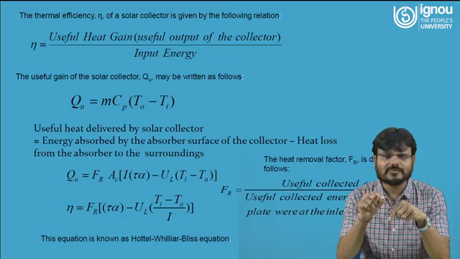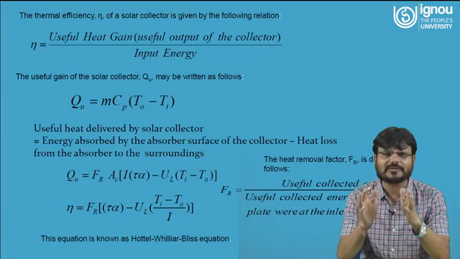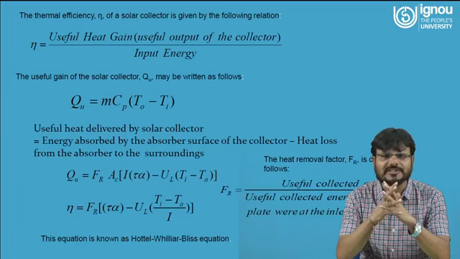So input energy is I_T, the solar radiation in watt per meter squared, multiplied by the area of that cover. The area cancels, so the input is in watt. So input energy is I_T multiplied by the area of that cover, and the output is Q equal to m c delta T.